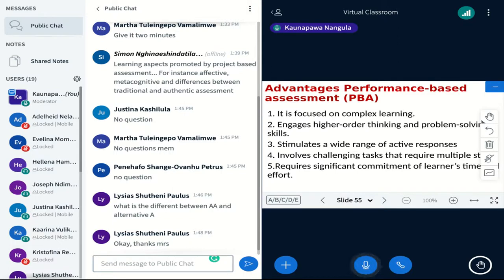Here we have several other advantages of performance-based assessment. For example, they tend to simulate real-life contexts. Learners have the opportunity to practice authentic activities that they might encounter in real life. It's not just an activity in the textbook that is unrelated to what is happening around them. These activities help them transfer skills to various real-life settings.